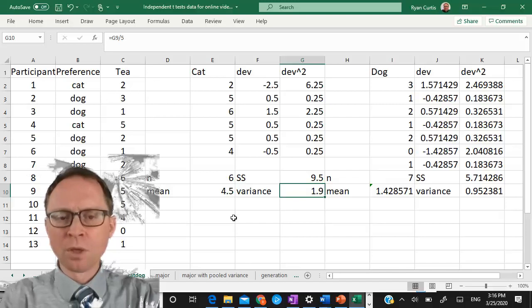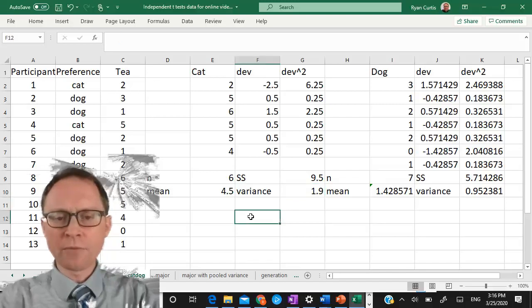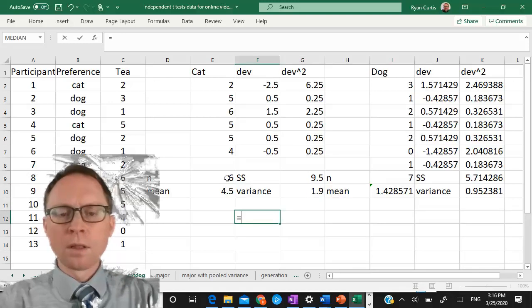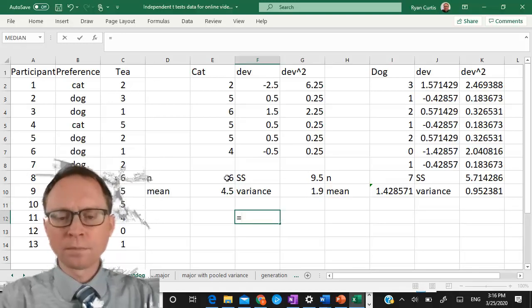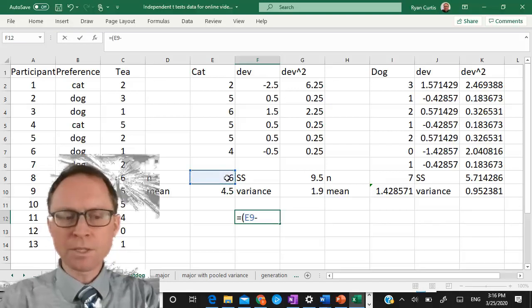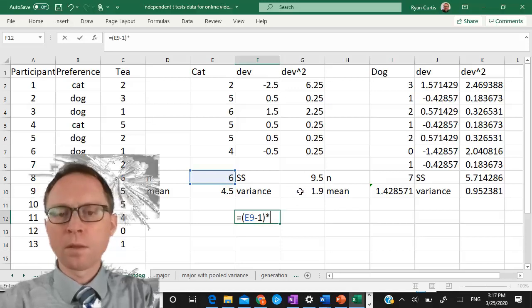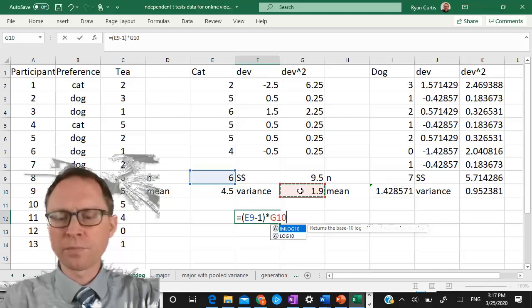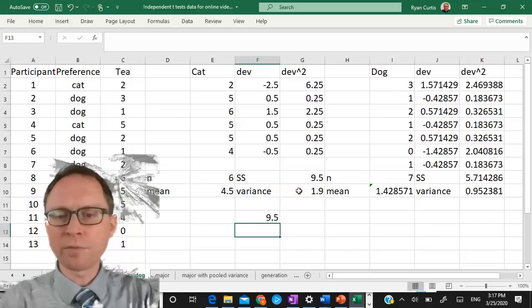So we need that first term: n sub 1, which is 6, minus 1, times the variance of the first group. So this is going to be 9.5.